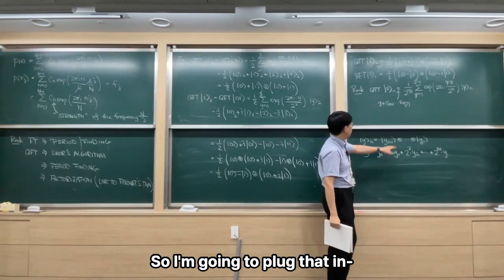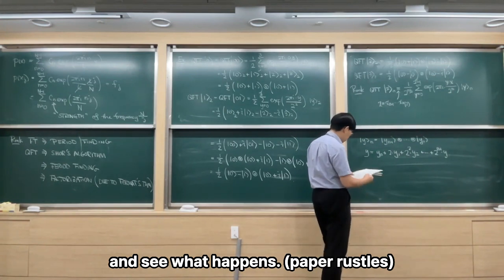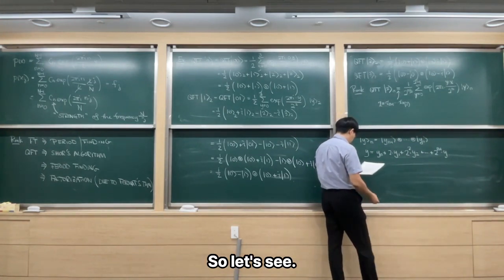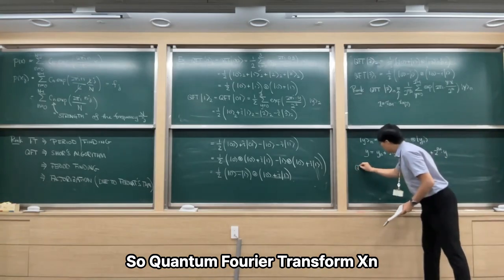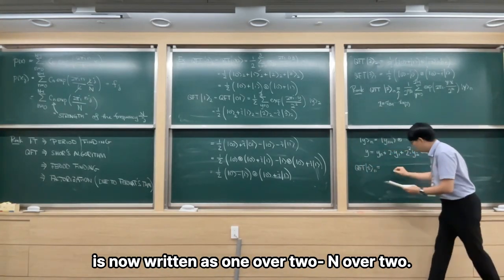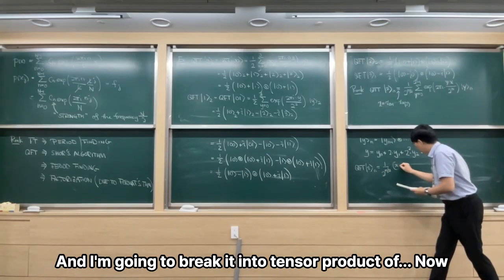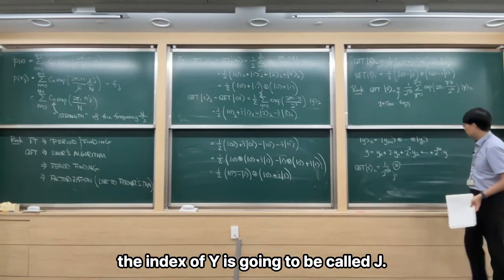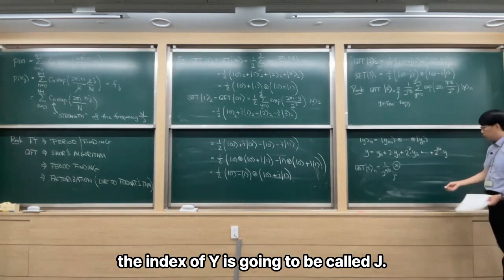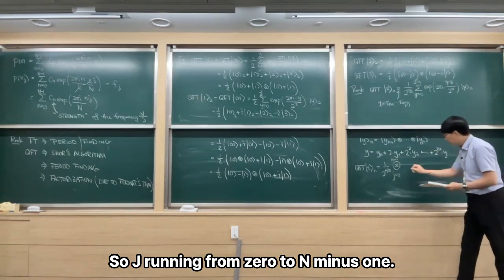So I'm going to plug that into the exponent of the exponential function and see what happens. So the quantum Fourier transform of x is now written as 1 over 2^{n/2}. And I'm going to break it into a tensor product, where the index of y is going to be called j, with j running from 0 to n minus 1.